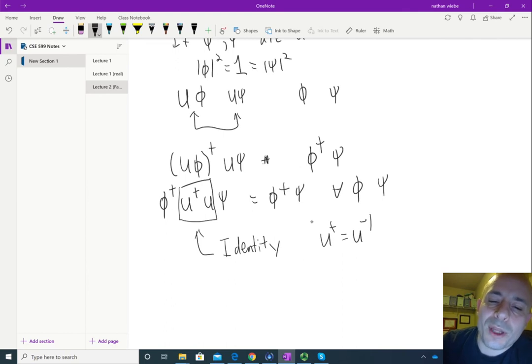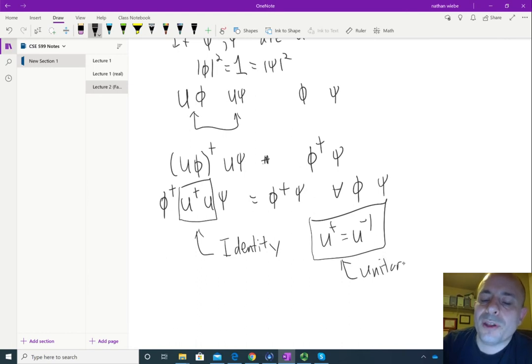This property over here is the property of unitarity. So unitary matrices satisfy the property that U conjugate transpose is equal to U inverse. And the inverse always exists. So this is the biggest class of transformations that we're allowed.